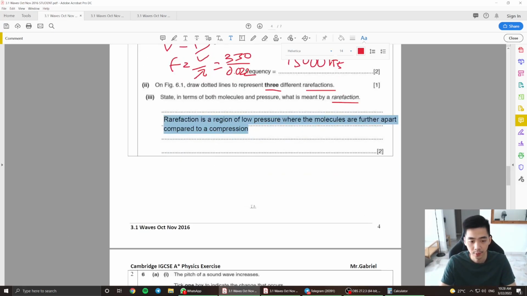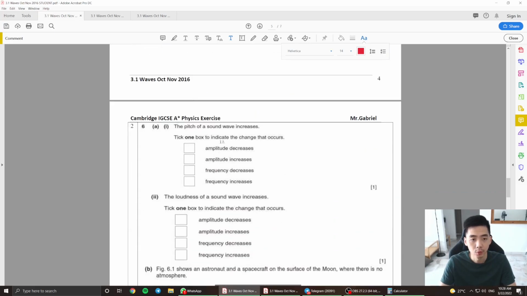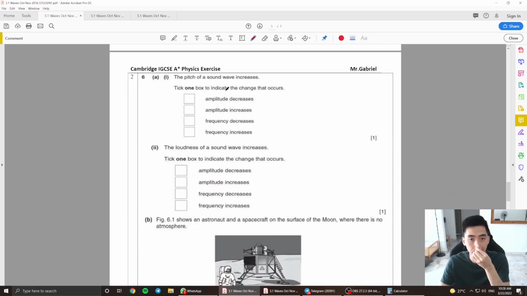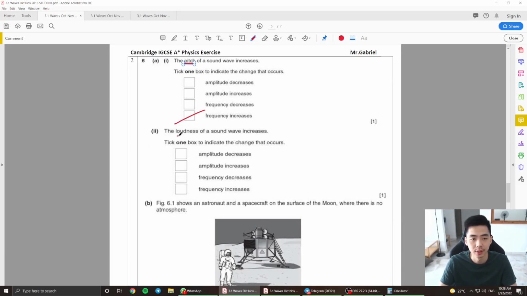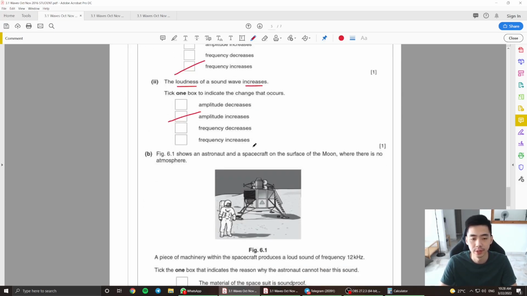Nice. Alright. Moving on to this next part here, the pitch of a sound increases. If the pitch of the sound increases, it's definitely due to the increase in frequency, where pitch is responsible for frequency. Amplitude is responsible for the loudness. If the loudness of the sound increases, obviously the amplitude increases here.